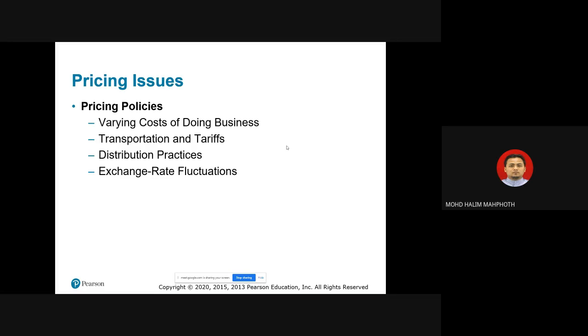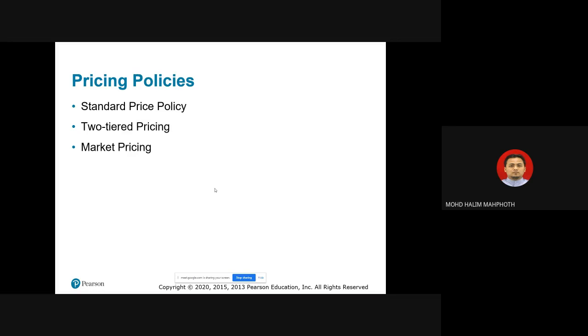Distribution practice and exchange rate fluctuation, because we know that you are doing business abroad, so you actually have this kind of exchange rate risk. So when it comes to pricing policy, either you go for standard price policy, what we so call as the price being offered in your home country also being offered in other countries.